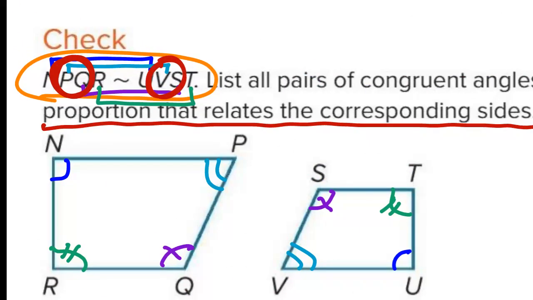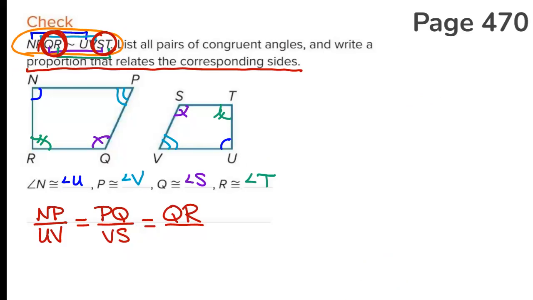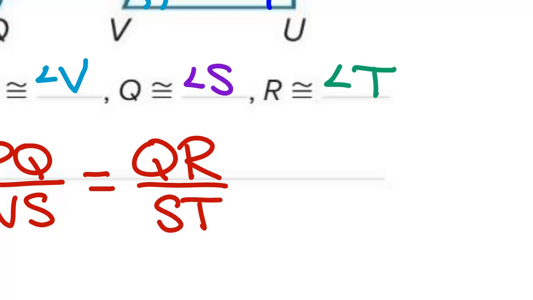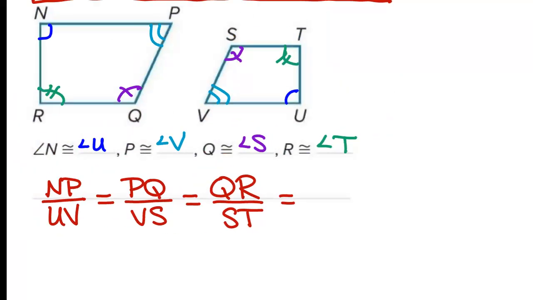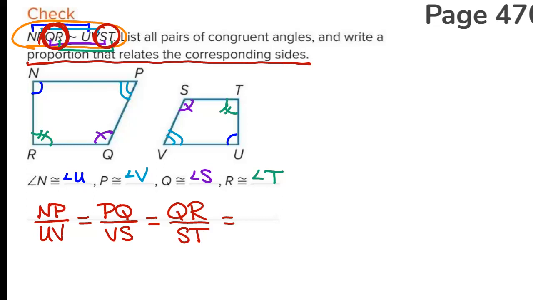When I look at my similarity statement, QR is the last two letters. And so that would have to correspond to which side on the other trapezoid? ST. There's one side on each of these that we haven't talked about yet. On the big trapezoid, we have not talked about which side? NR. And that corresponds to which side on the other trapezoid? TU or UT. Does it matter which order you put the letters in when you're writing the segment? No.